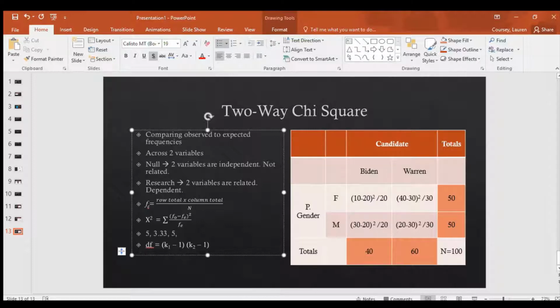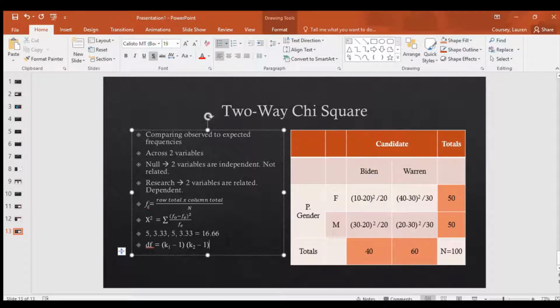And finally, if we take 20, subtract 30, square that, and divide by 30, again we get 3.33. And so what I would want to do is to sum all of these values. So I should get a sum of 16.66. So this would be my chi-square value, 16.66.